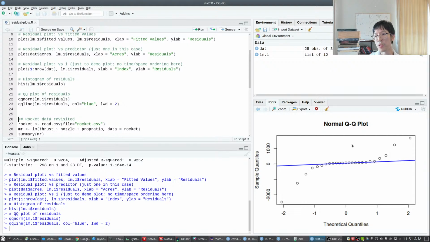Okay, so what we see then is that this matches one of the scenarios that we drew on the board. We have the residuals being strongly below the QQ line in the early part of the plot, and then far above it at the right tail of the distribution. That picture is still on the board here; it's the middle plot where the residuals are heavy-tailed.